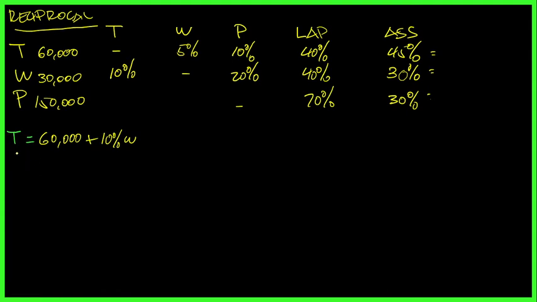Okay po? And then, okay, for your warehouse, you have an initial cost of 30. Murahin natin yan. You have the initial cost of 30 plus 5% of the cost of training. Because 5% of the services provided by training goes to the warehouse. So whatever is the cost incurred by training, 5% of that will go to the warehouse.